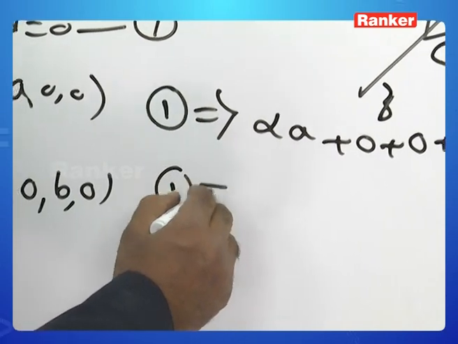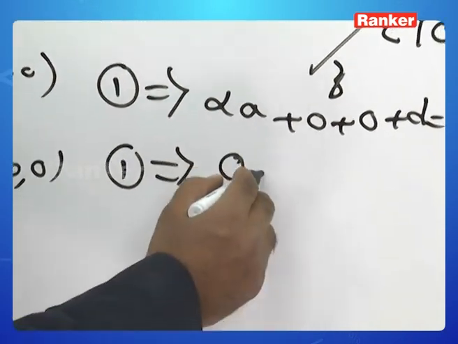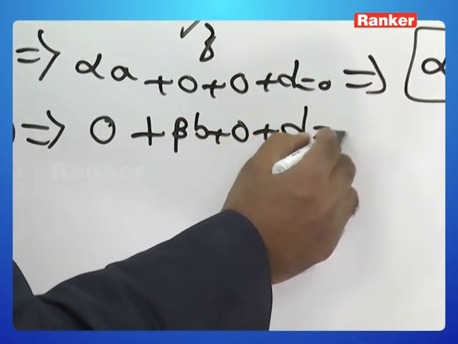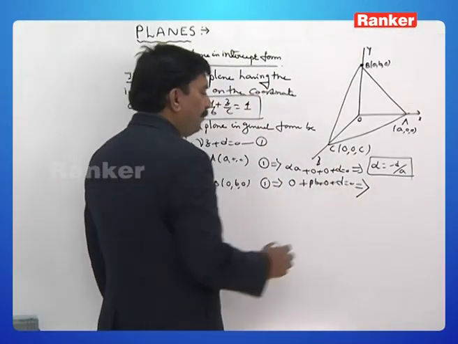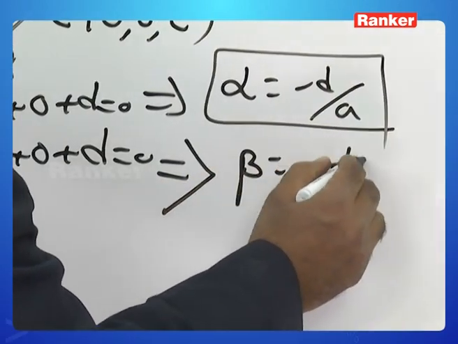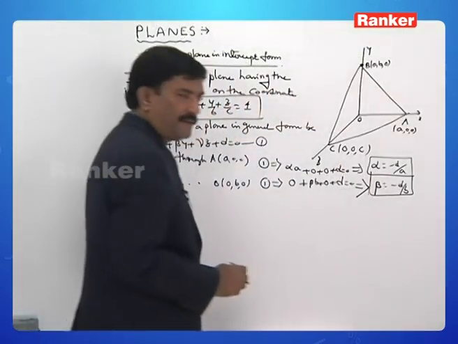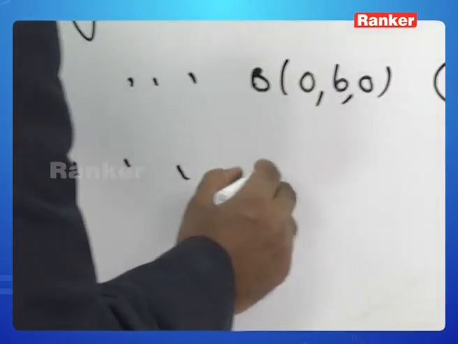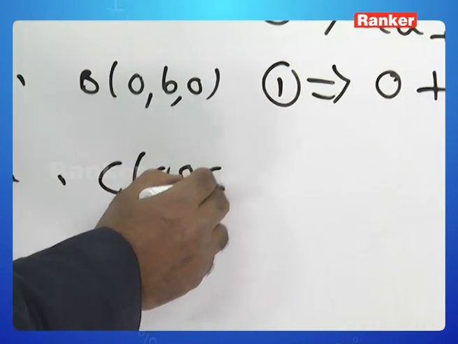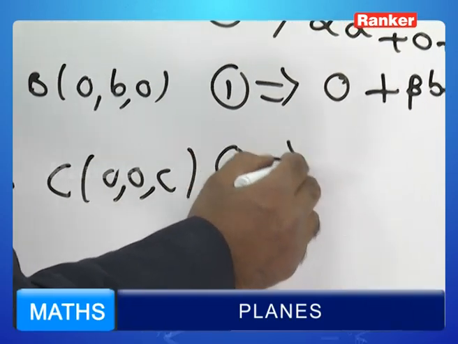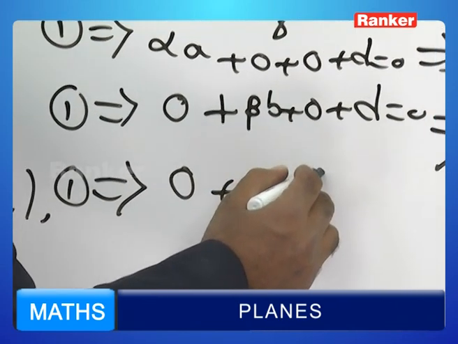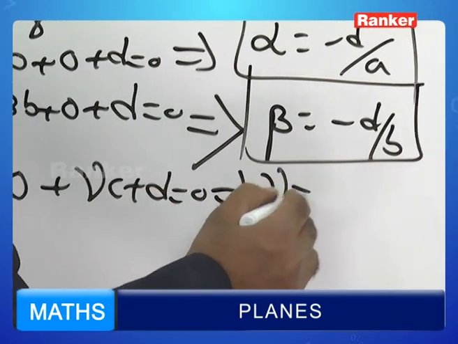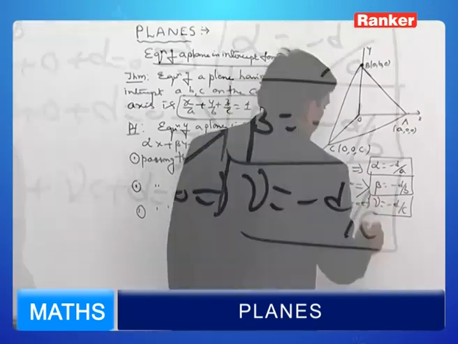Yes, (1) implies 0 into x, now I can write B beta plus 0 plus d is equal to 0, which implies beta is equal to minus d by b. Next, (1) is passing through C(0, 0, C). (1) implies gamma C plus d is equal to 0, which implies gamma is equal to minus d by C.